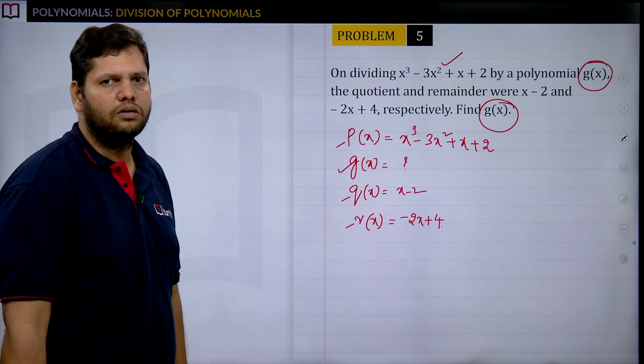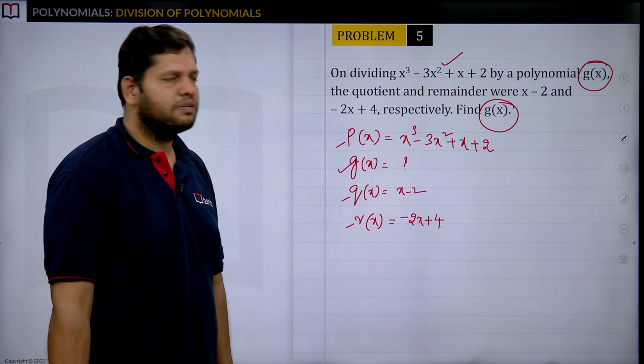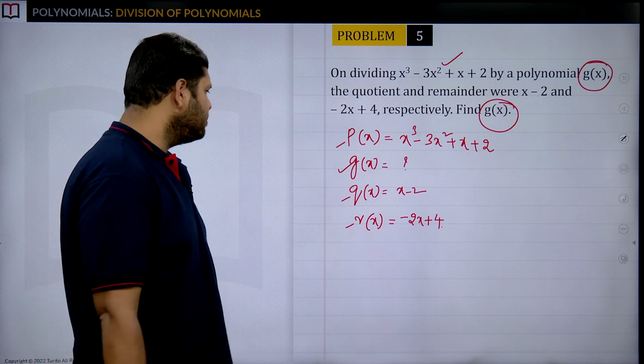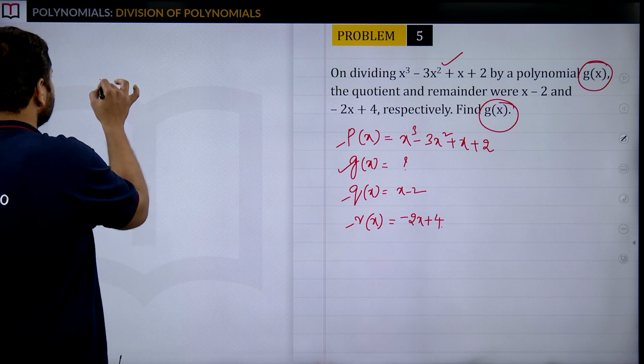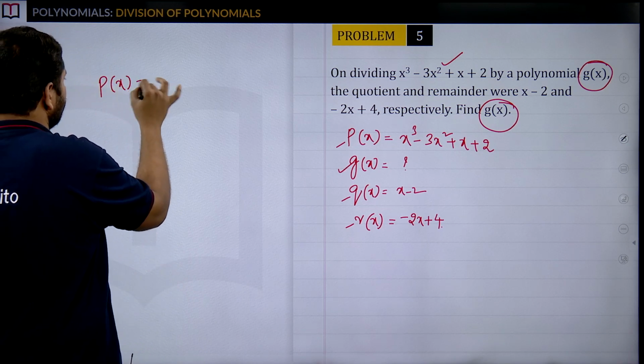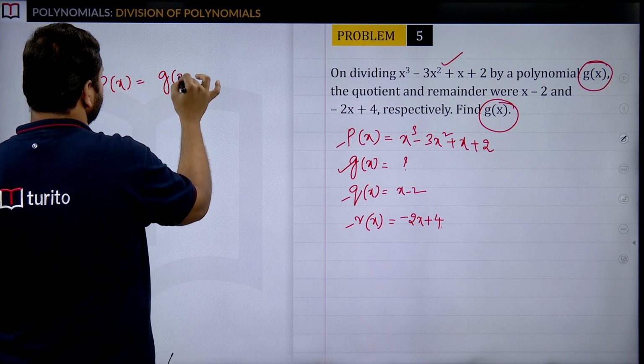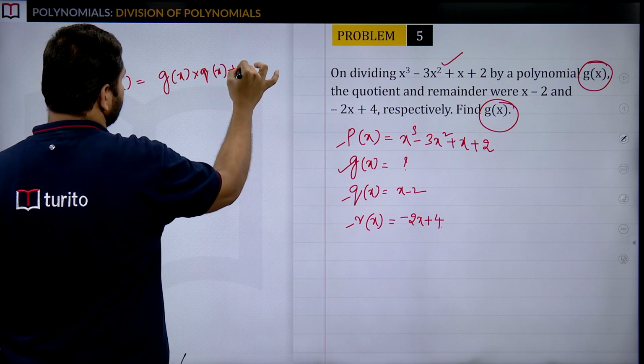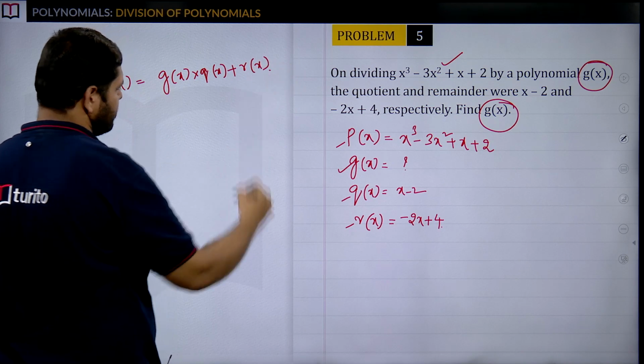Tell me, children, how can we solve this sum? Do we have any formula? Very simple, children. Just apply the division algorithm. So what is the division algorithm? p of x is equal to g of x into q of x plus remainder r of x.